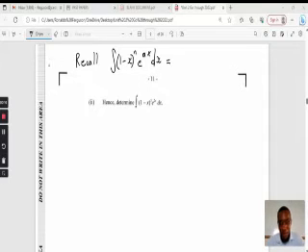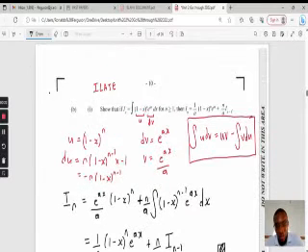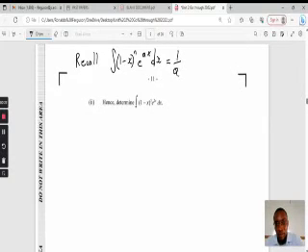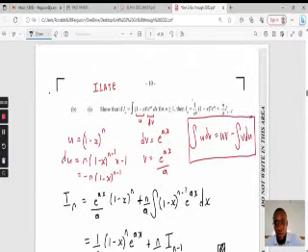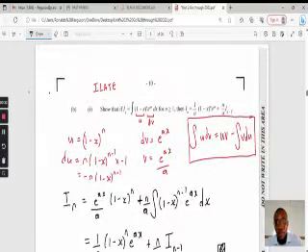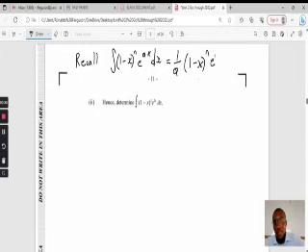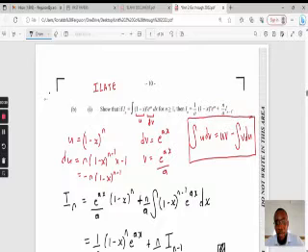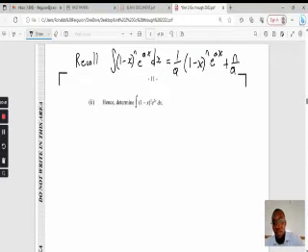Alright, so going back to what we had said earlier. The integral of 1 minus x to the n e to the ax, we had just derived, is 1 over a in brackets, 1 minus x raised to the nth power times e to the ax plus n over a times I_{n-1}.